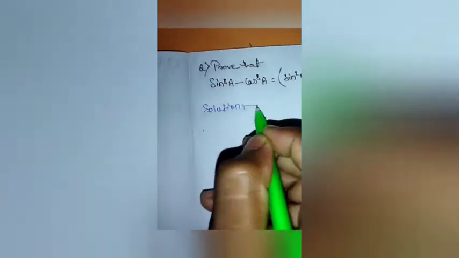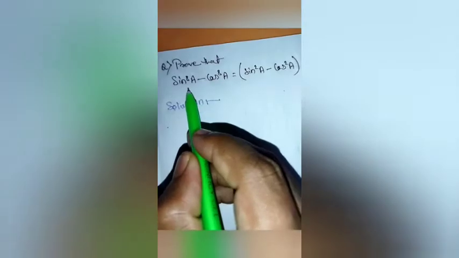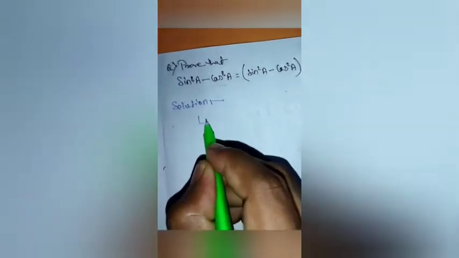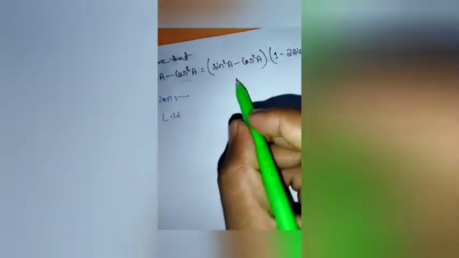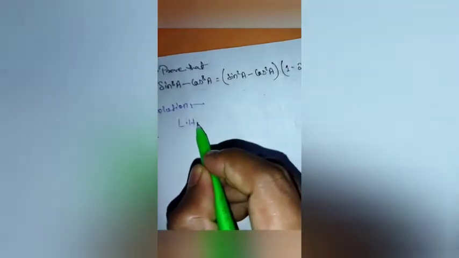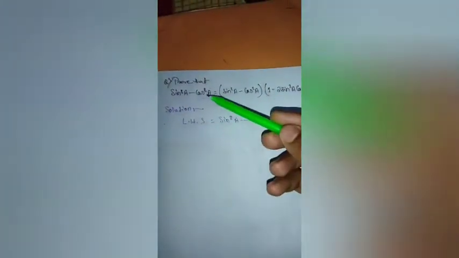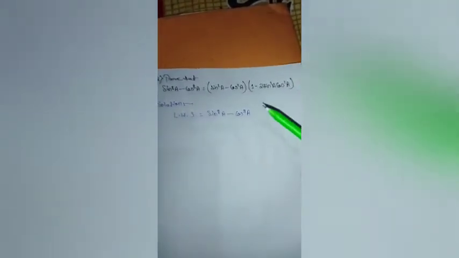Solution over here. Okay, so we will take this equation and through that we're going to prove this one. So I copied this equation over here. Now we have to think in that way so that we can bring this equation from this equation.